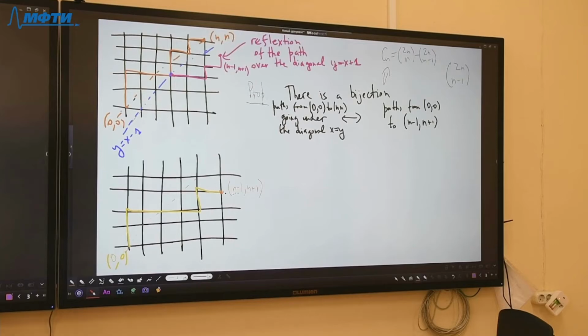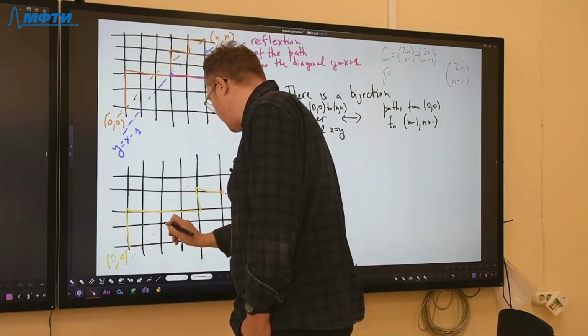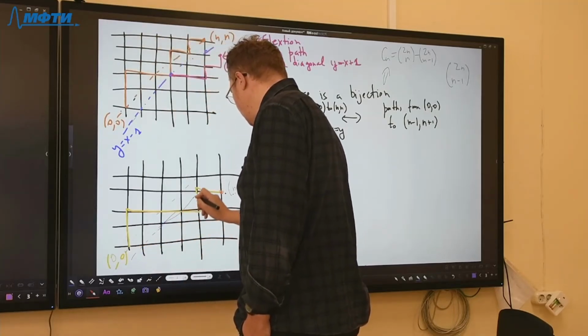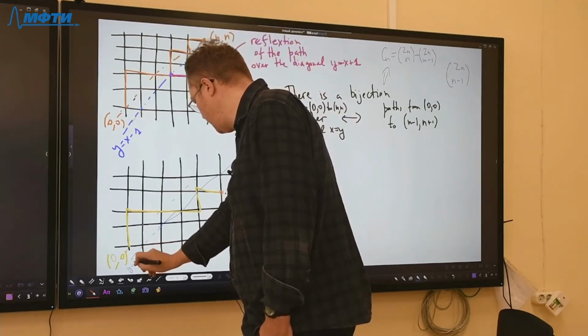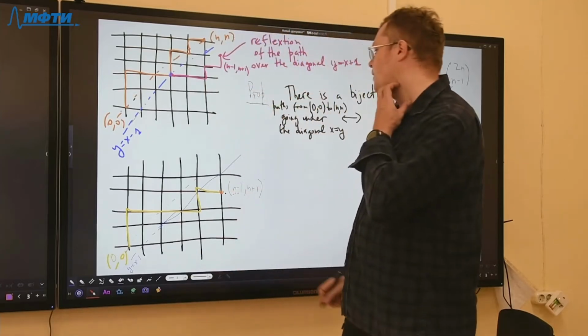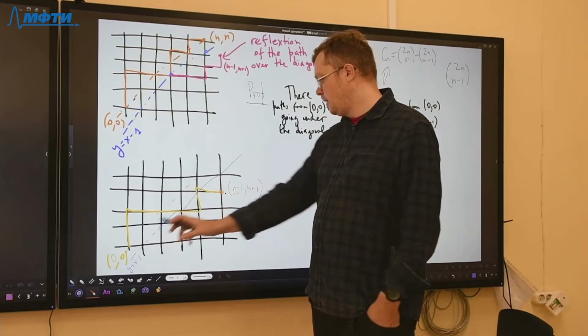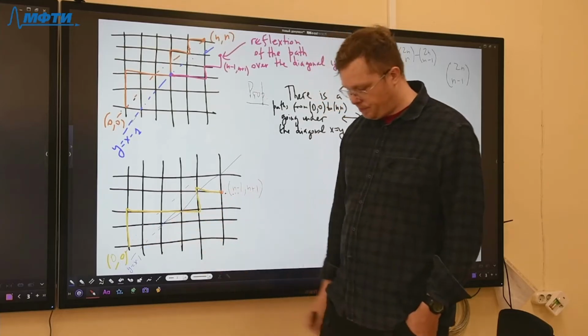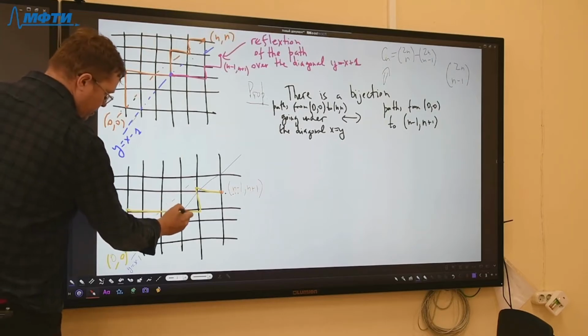So we just need to draw the same line, y equals x minus 1. And then our path will always intersect it, because the points are on different sides of this line. And so there will always be an intersection here.